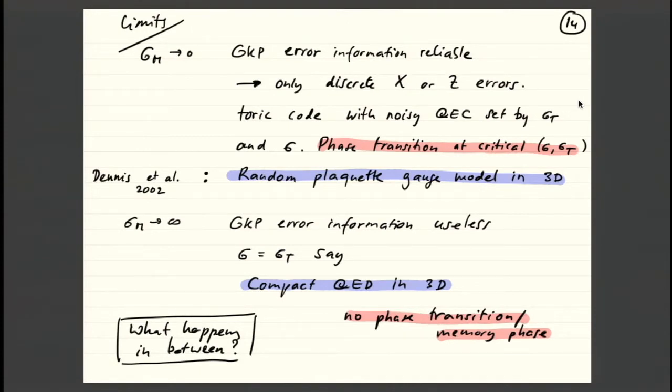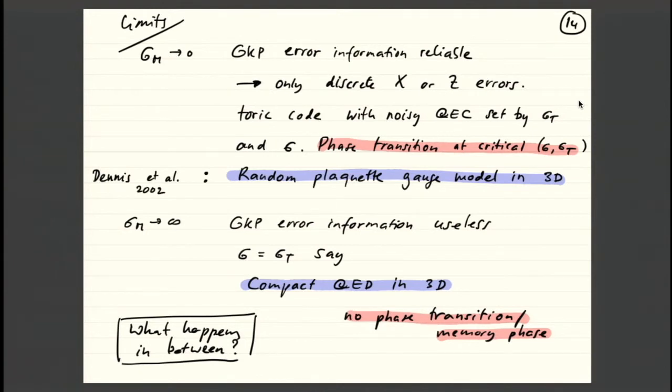If sigma m goes to 0, so sigma m is the error rate on the GKP ancilla. So if this GKP error information is reliable, is perfect, I will correct the shifts to be either 2 pi or not 2 pi, but that's just sort of X or Z errors. There are no continuous shifts anymore. That's when it's reliable.